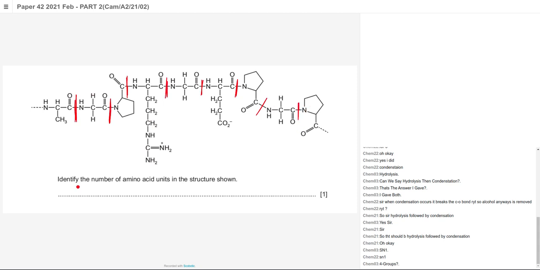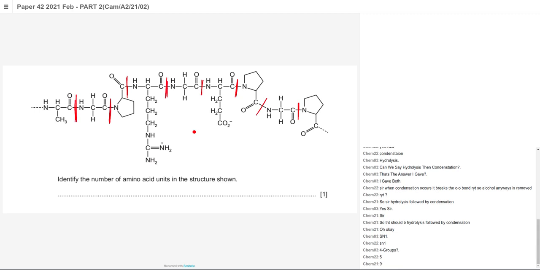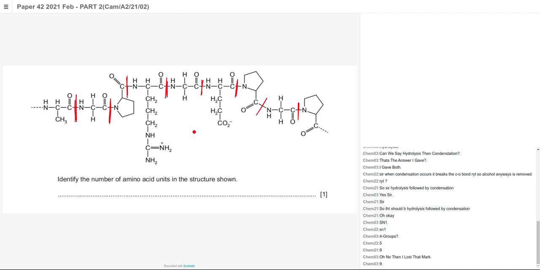Yeah. So identify the number of amino acid units. It doesn't say type of amino acids. How many are there? So remember, it is not the different types of amino acids.